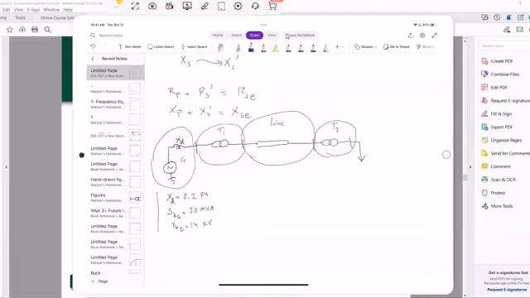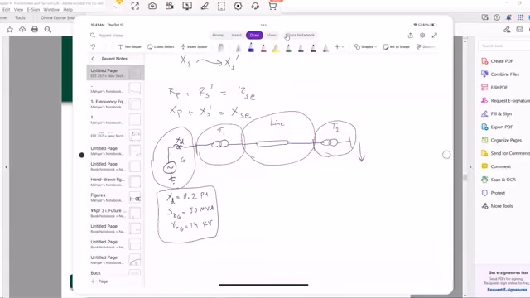When we say a per unit value, we must always determine what bases we use to find that per unit value. So on the nameplate of a device, when we say that the reactance is this much in per unit, we should also look at the rating of that device, and we should know that the per unit value has been expressed based on those bases. So this 0.2 has been found based on S base G and V base G.